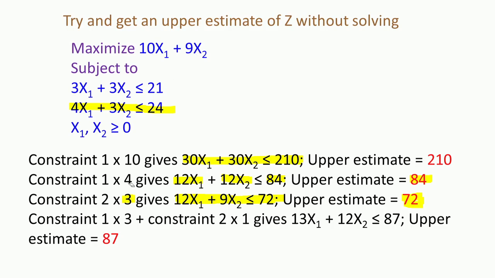Similarly, when we multiplied by 4, the right hand side came to 84, the individual coefficients 12 and 12 were greater than or equal to 10 and 9, and we got this. Similarly, for the third, using the second constraint, we multiplied by 3 to get 12 and 9, which were greater than or equal to 10 and 9, and therefore the upper estimate happened to be 72.